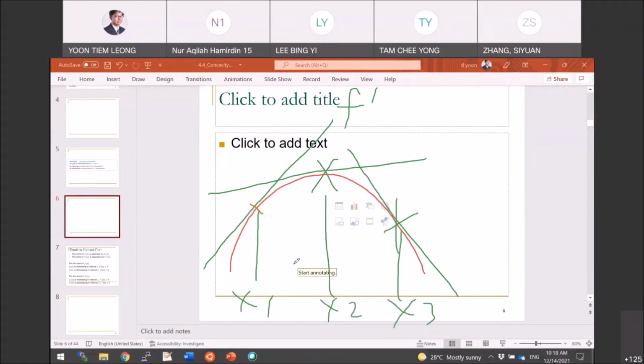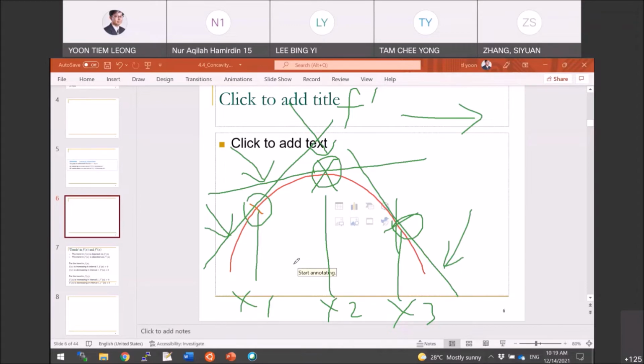When you look at the slope at x1, x2, x3, you will find that the slope at x1 is positive, then it decreases to become less positive and towards 0. When you move x to the right hand side, the slopes become negative. So the slope is positive here and negative there. Moving to the right, the slope goes from more and more positive towards 0 and towards negative.